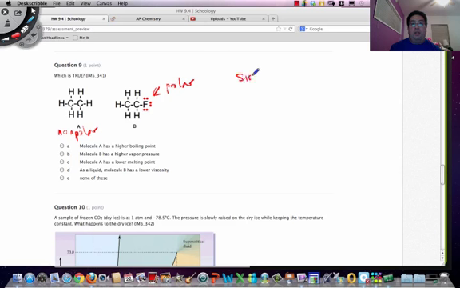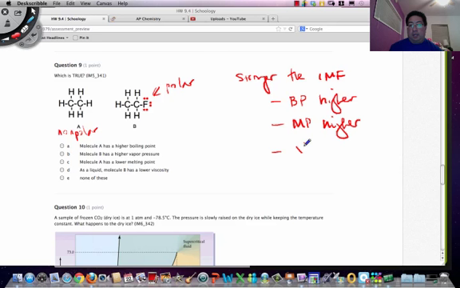Now remember, the stronger the IMF, that means the boiling point would be higher, the melting point would be higher, the vapor pressure would be lower, and the viscosity would be higher. So hopefully by identifying things as polar and nonpolar, you can identify the intermolecular force and then figure out what corresponds to that property.